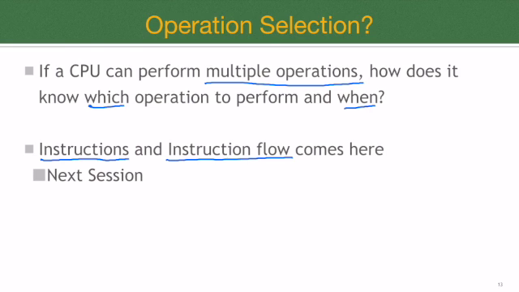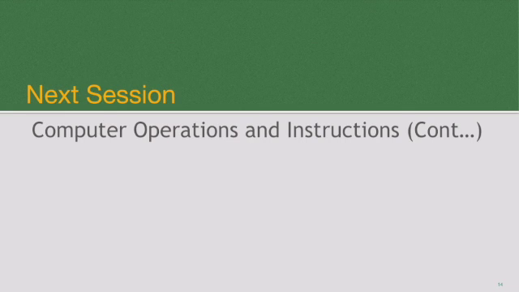In the next session we will talk in more detail about instructions and flows and their relationship with the operations that a CPU can perform. So the next session is going to be a continuation of the existing session where we'll talk of computer operations and computer instructions and the relationship between the two.